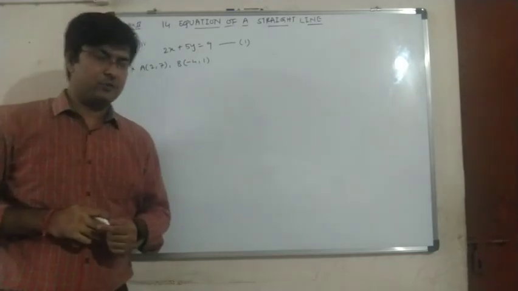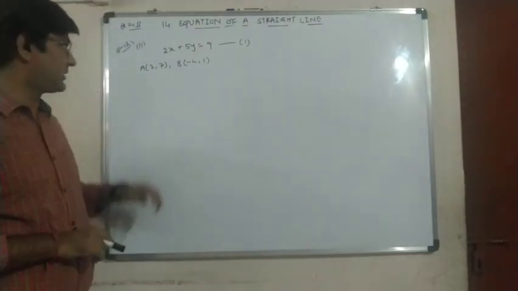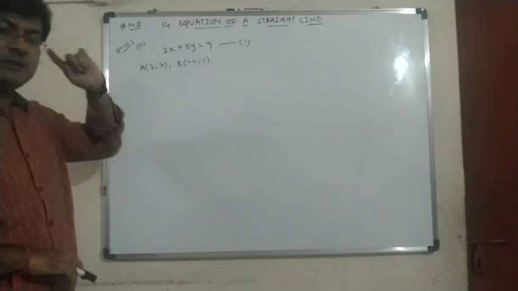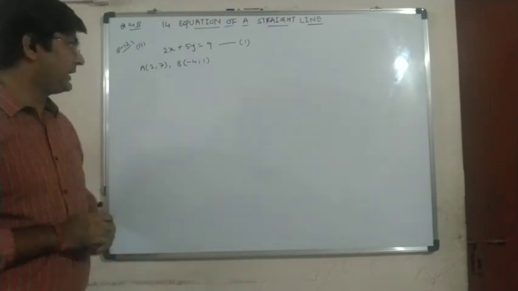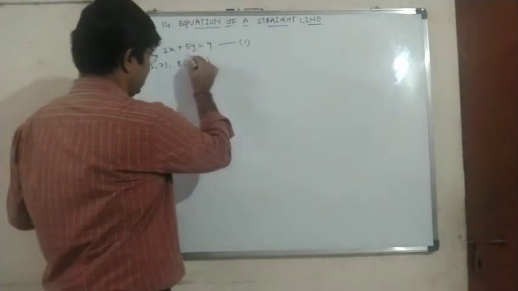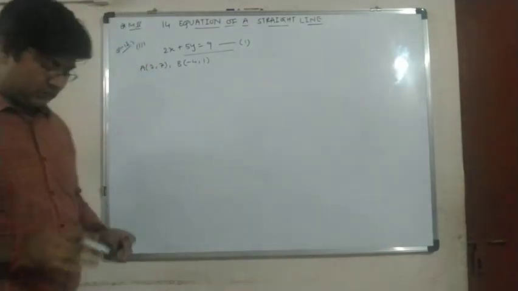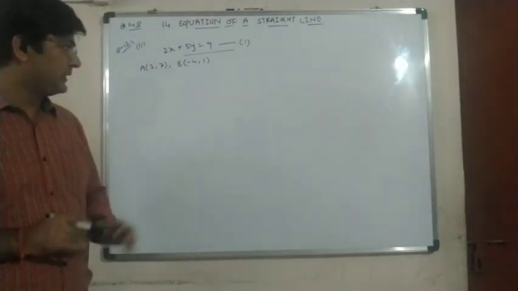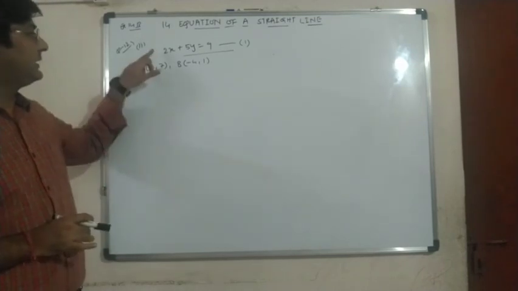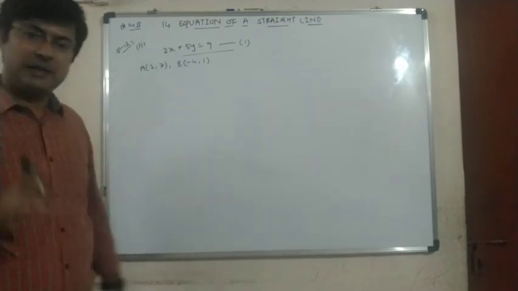Okay, let us try to understand the first line of the question. We have to find the equation of a line which is parallel to the given line. Yes or no? So from that, what did we conclude? We concluded that the slope of the required line is equal to the slope of line 1.